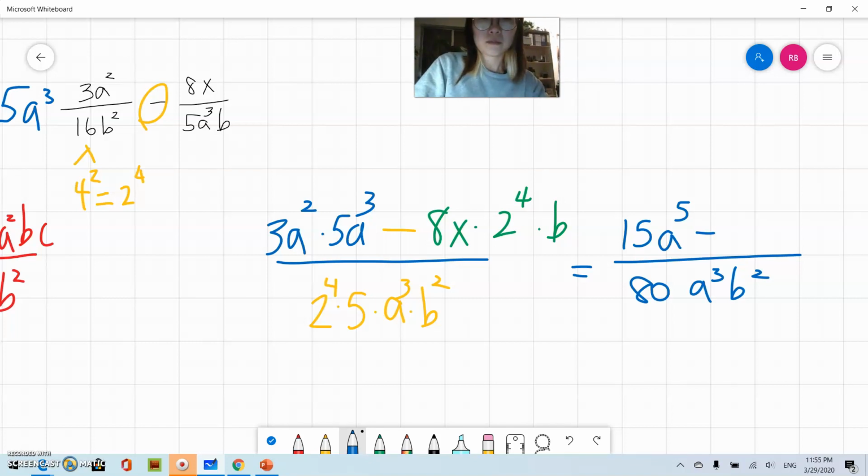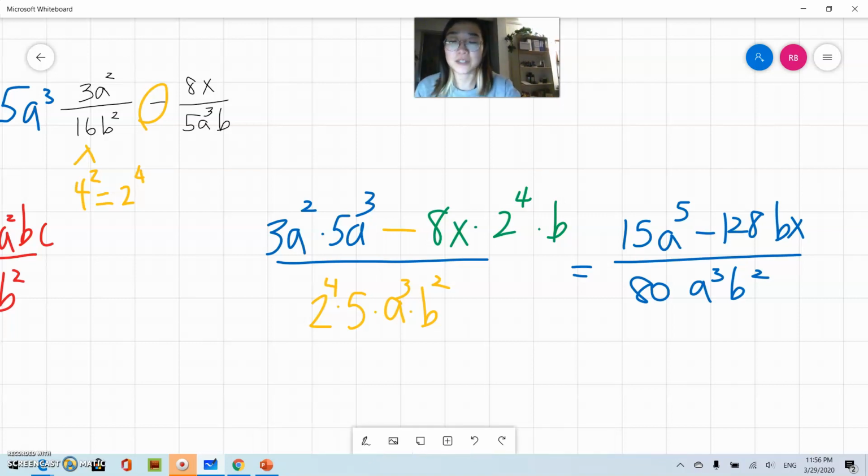And no. Sorry. 8 times 16. 128. I should have known. And then b, and then x, right? Because there's nothing else you can do about the variable. So that's the answer, even though it looks very messy.